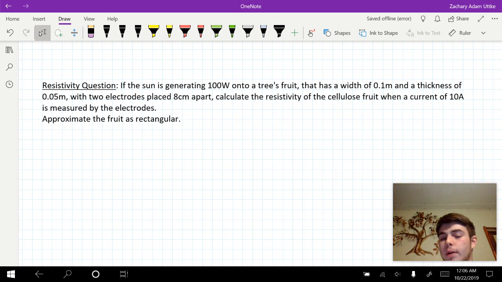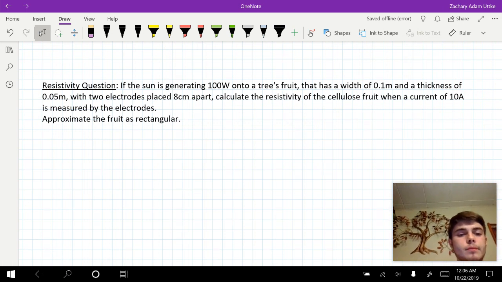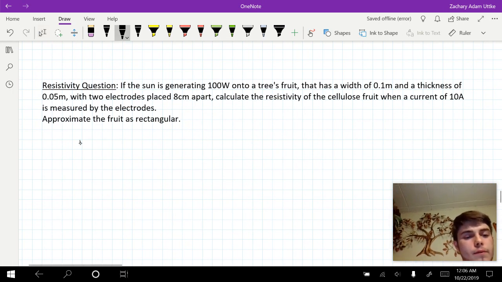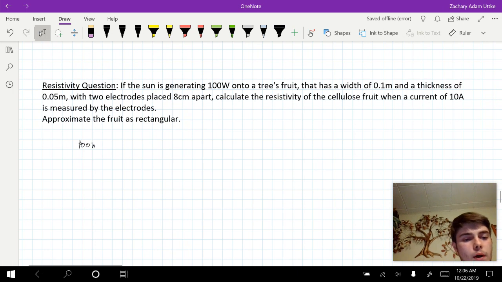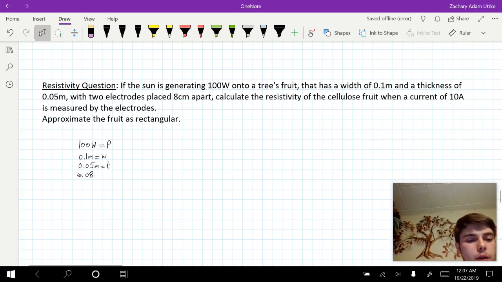So I'd like to start off by just listing the variables that are given. Starting at the beginning, it says the sun is generating 100 watts, so we have 100 watts, that's going to be our power. The fruit has a width of 0.1 meters, so 0.1 meters equals width, and a thickness of 0.05 meters, so 0.05 meters equals T. With two electrodes placed 8 centimeters apart, so 0.08 meters, let's just give that as a length.